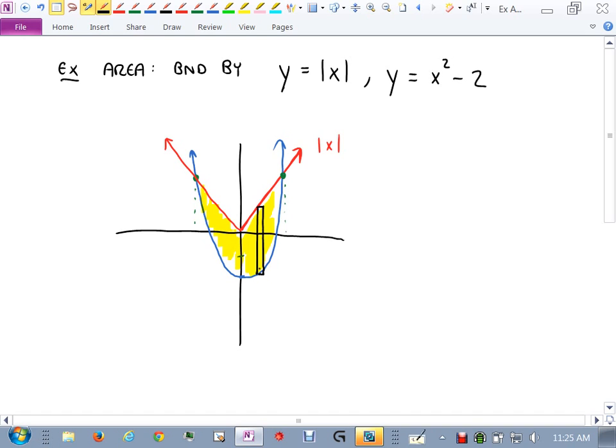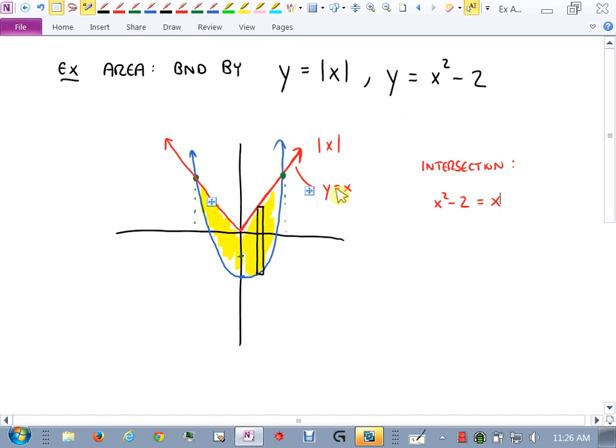Okay, so using the symmetry, I need to know where this parabola hits this line right here. Can somebody tell me what the equation of just this line is, the one I've highlighted there in green? It's y equals x, right? So the intersection just to the right of 0 would be when x squared minus 2 equals x.